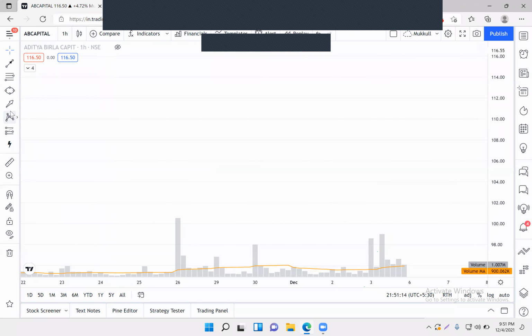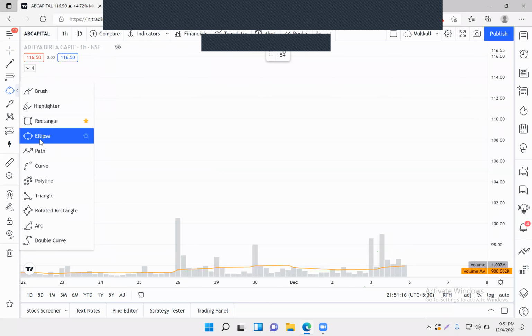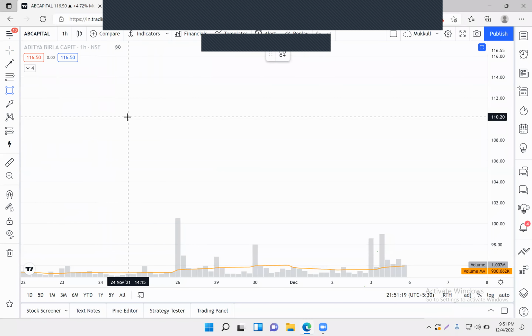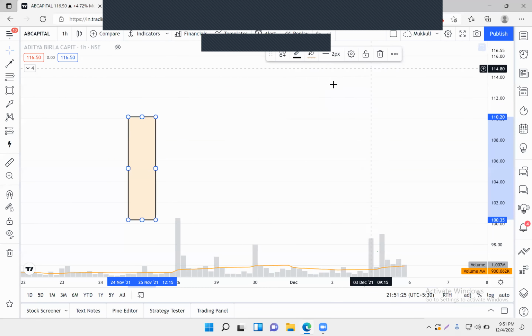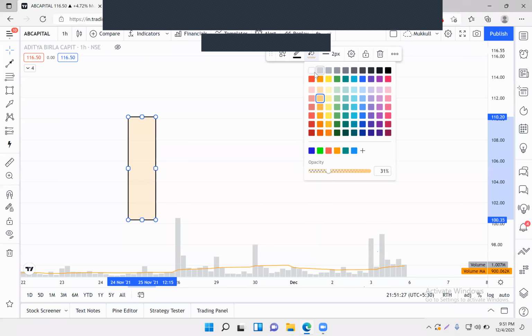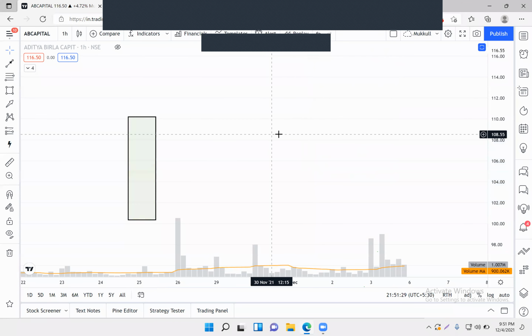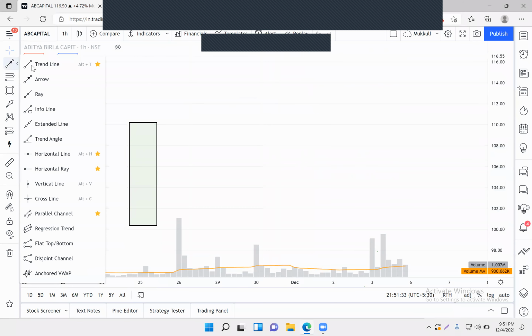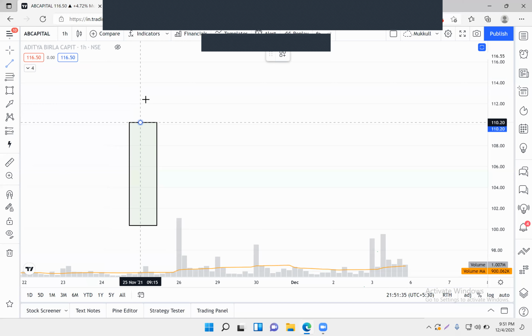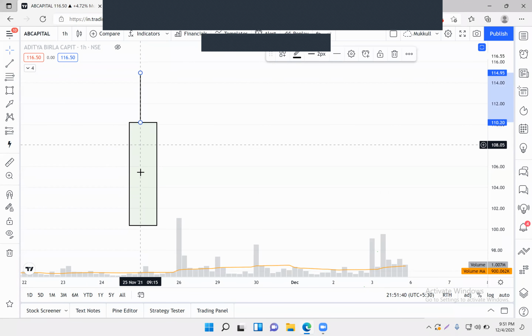I'm talking about this thing. Okay, what I mean is, let's say suppose this is your candle, something like this.